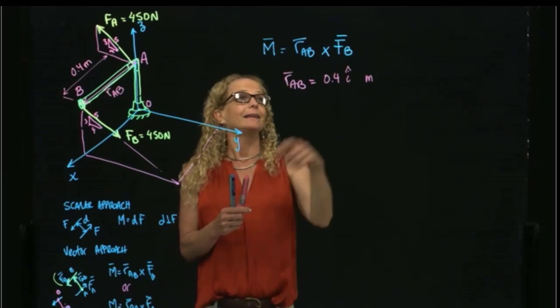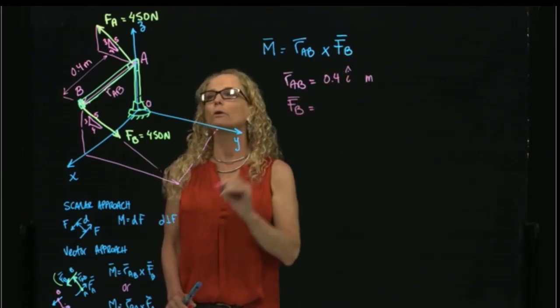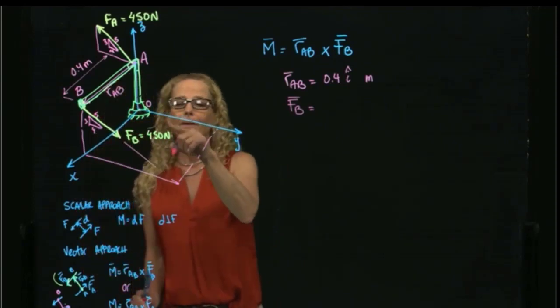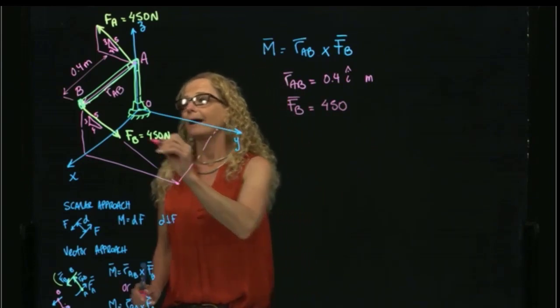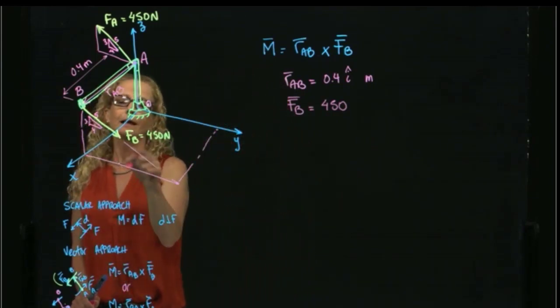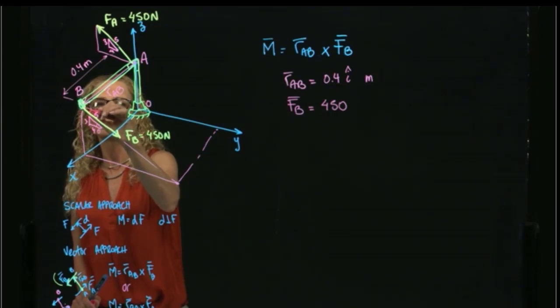And then I need this force FB. FB will be equal to the magnitude of the force, and in order to find the directions, this angle over here will be the same as this angle over here.